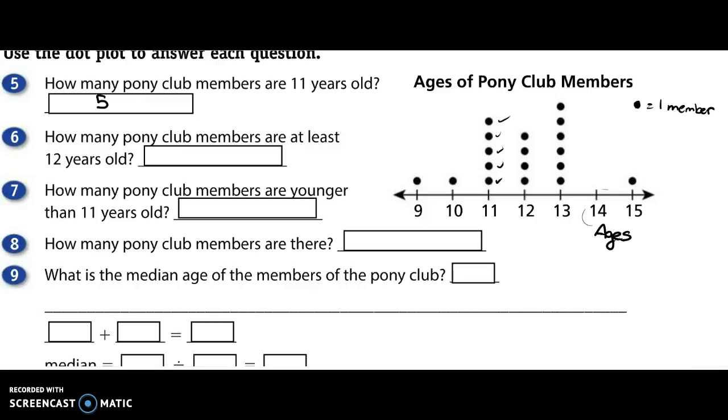Now we have to be very careful here because of these two words, at least. Let's think about what it means to be at least 12. That means you can be 12 or older. So we need to include the 12-year-olds, 13-year-olds, 14-year-olds, and 15-year-olds. So that's 11 club members that are at least 12 years old.